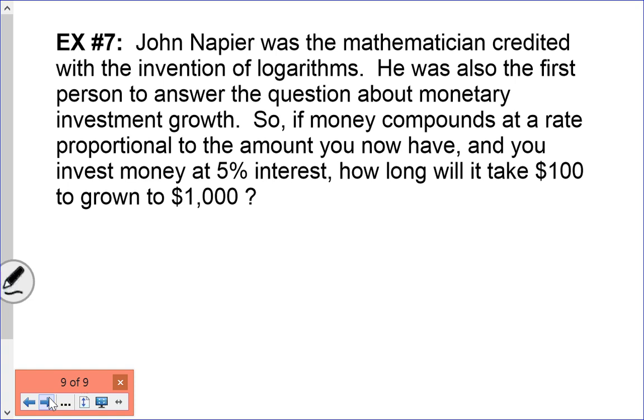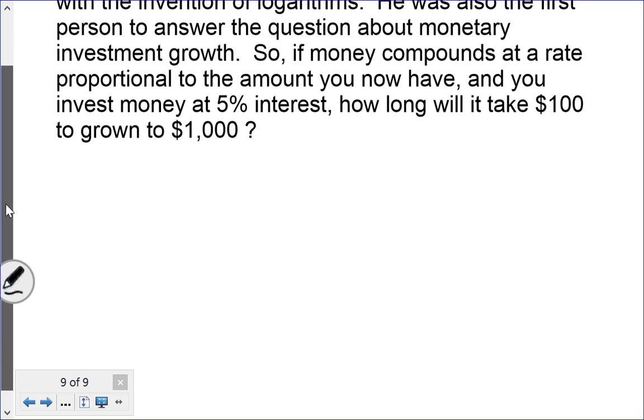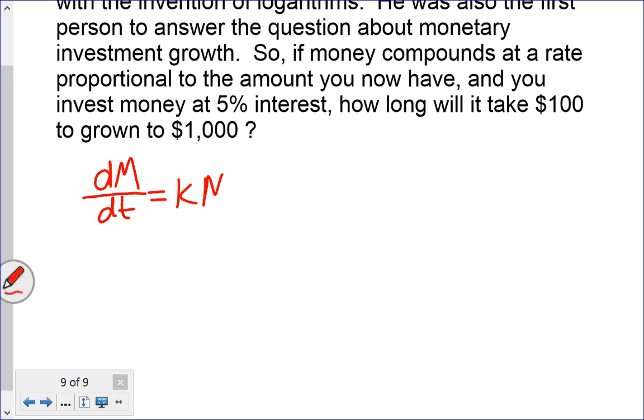So this fits perfect. So if money compounds at a rate proportional to the amount you now have, let's translate that. So we'll call capital M to be our money. If the rate of change of your money over time is directly proportional to the money that you have, that's basically translating that statement. So that's kM.